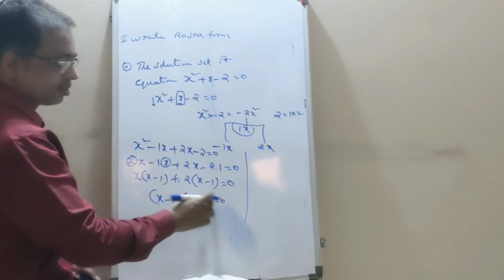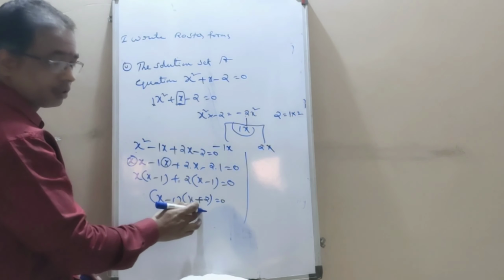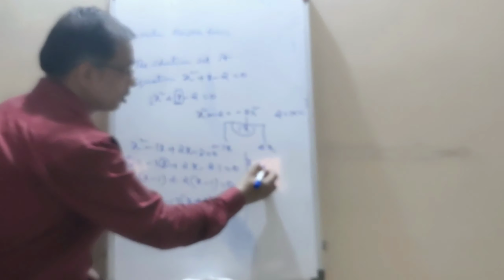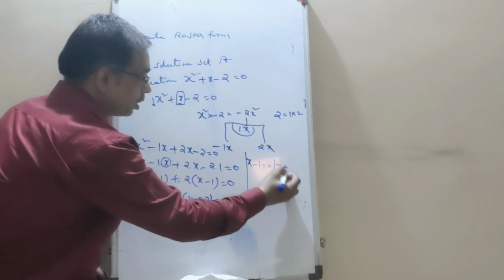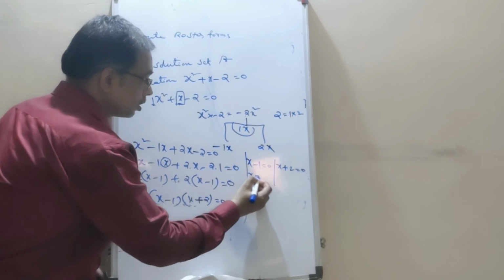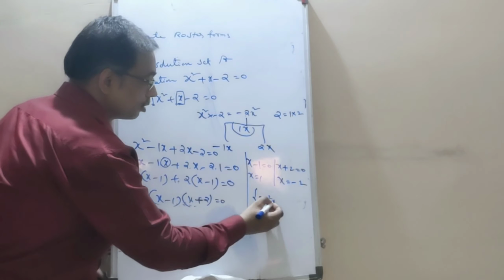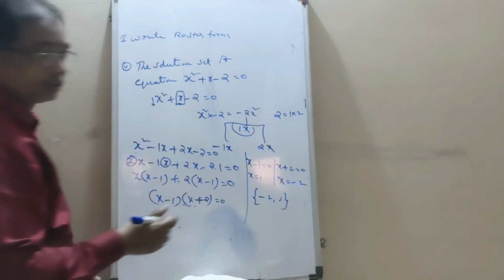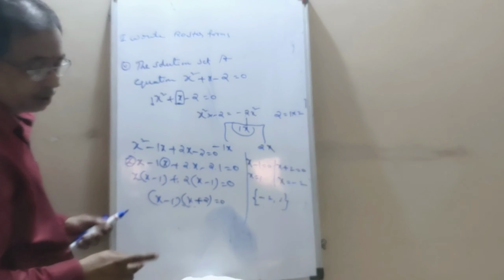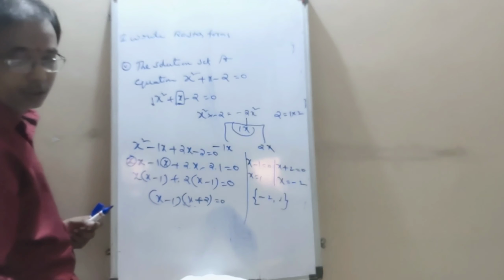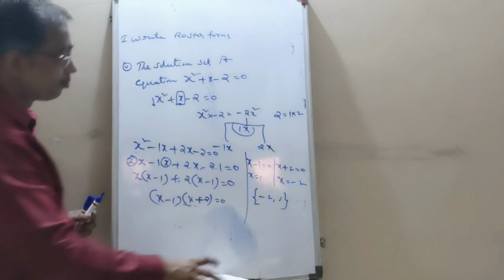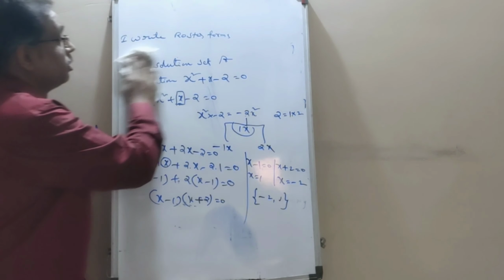The product of two expressions is 0, then each expression is equal to 0. Then x minus 1 equals 0, x plus 2 equals 0. Here x is equal to 1 and x equal to minus 2. The set is simply minus 2, 1. So like this, they ask the roster form. So move to sums of it, simple sums.